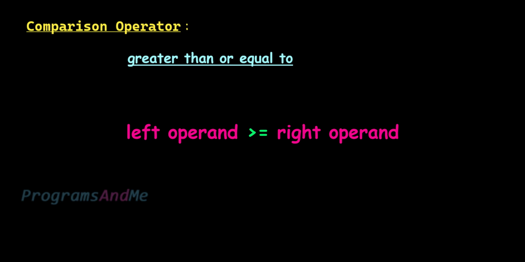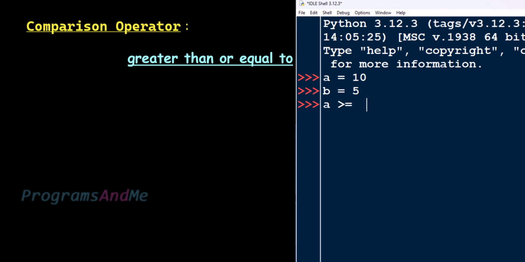Otherwise, if the left operand is less than the right operand, then we'll get the result as false. Here we can see a few examples. When a = 10 and b = 5, a is greater than or equal to b, yes, true. So this is about the greater than or equal to operator.